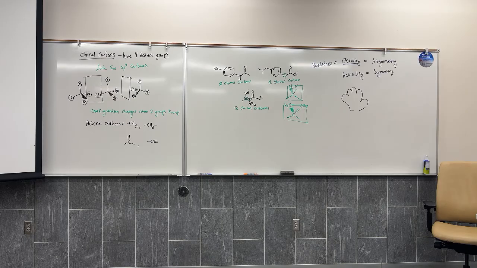This one is chiral because this carbon is connected to this, which is not the same as that, which is not the same as that, and the last is a hydrogen. This is cyclopentane and this one's cyclohexane. Another way to say the difference is this carbon is bonded to a tertiary carbon, a quaternary carbon, and a secondary carbon: bonded to 3 carbons, bonded to 4, bonded to 2.